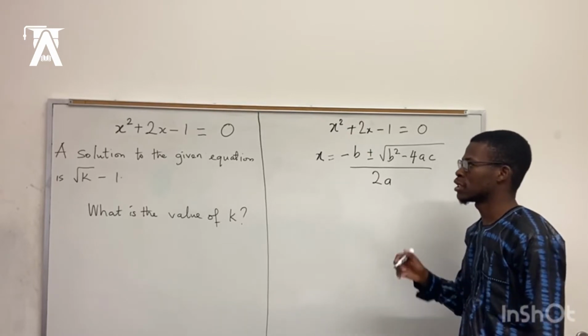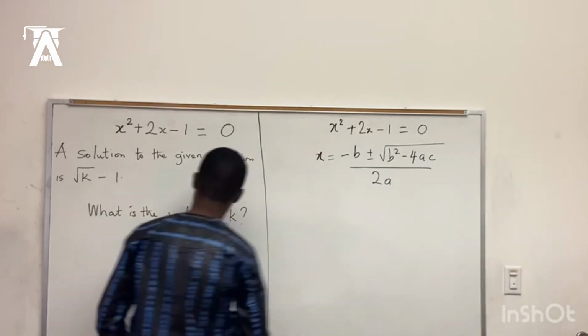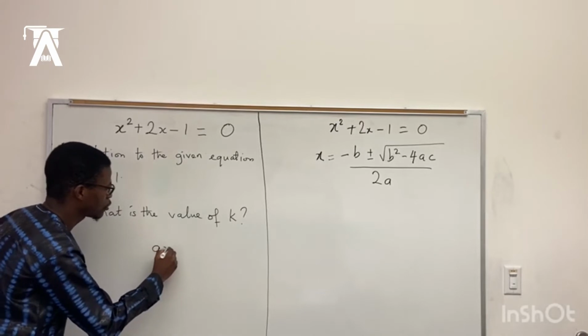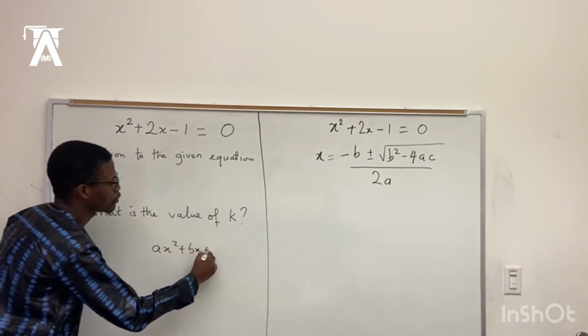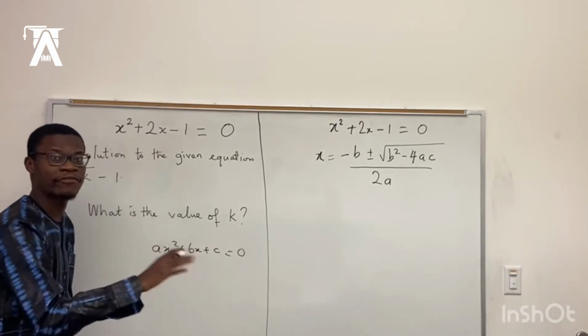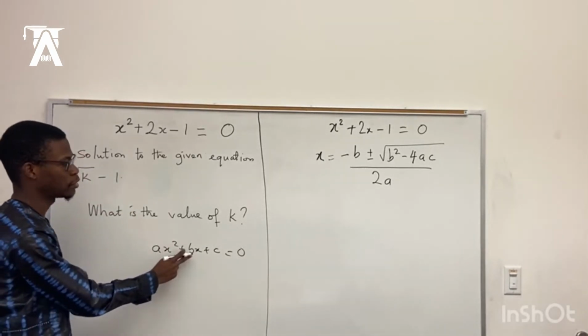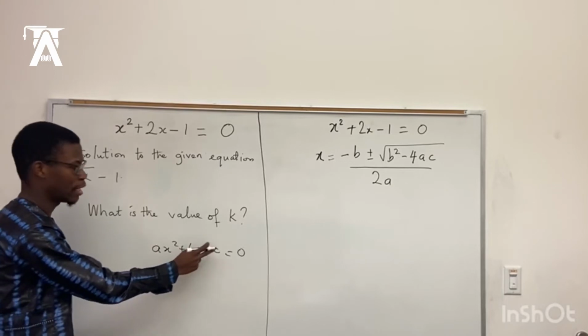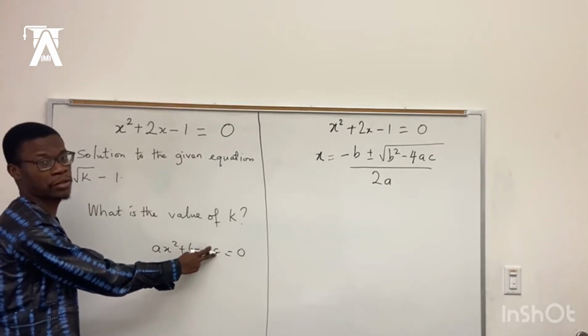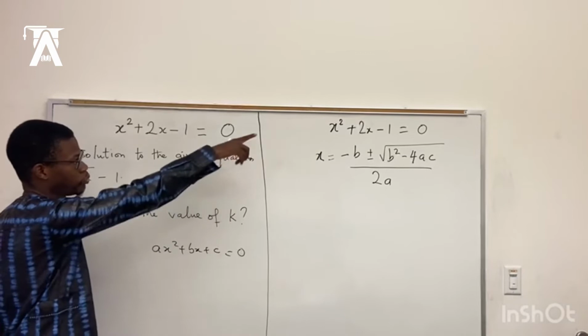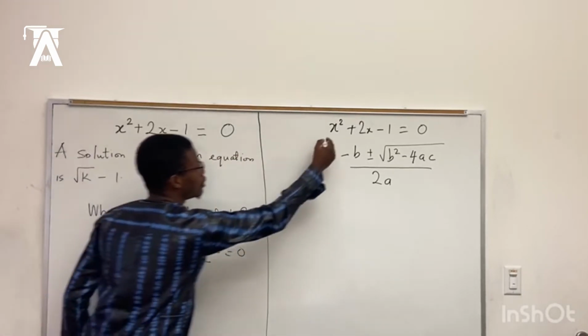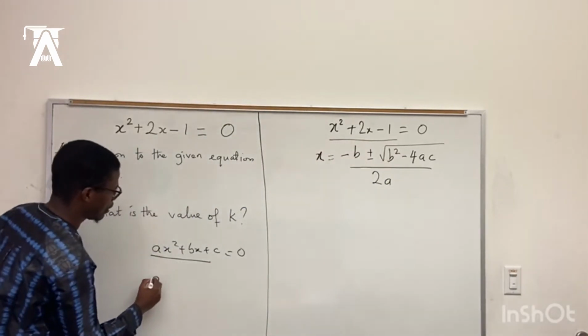The quadratic equation is written as ax squared plus bx plus c equals 0. In every quadratic equation, a is the coefficient of x squared, b is the coefficient of x, and c is the constant.